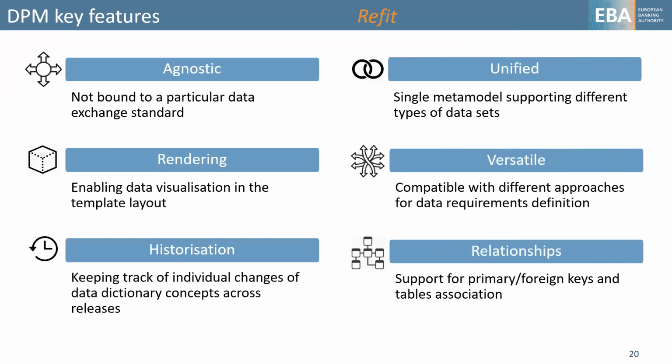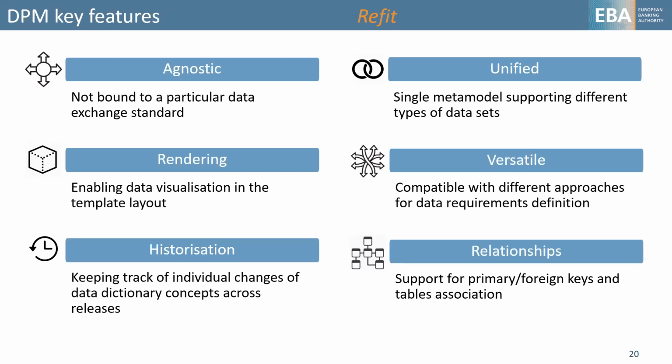And with the refit, and this is what is new basically, we want a unified data model, a single data model that can support all types of data sets, as I said, templates, other types of data sets from statistics. It should be a versatile model, so compatible with different approaches. In some cases, we will need to continue to collect aggregated data based on templates.